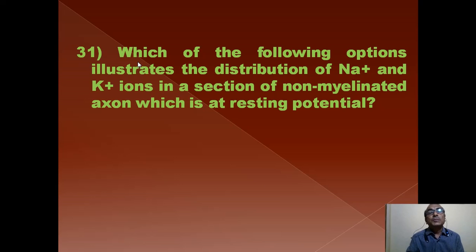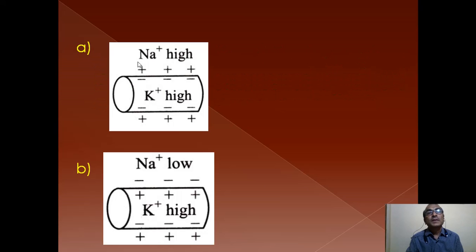Which of the following options illustrates the distribution of sodium and potassium ions in a section of non-myelinated axon, which is at resting potential? Again, resting potential you have to imagine. A is showing the positive charges outside and sodium ions high outside and high potassium ions inside, that is wrong.